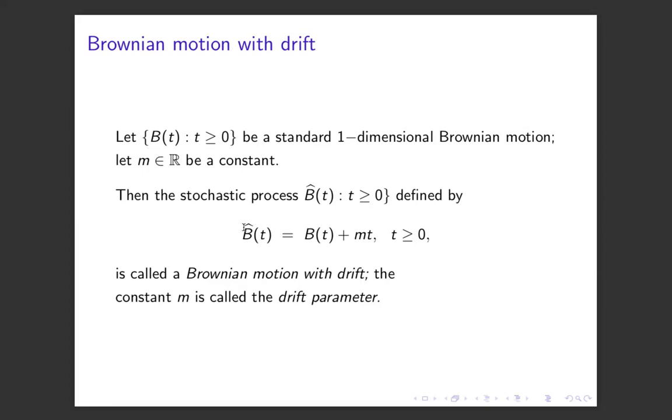So the expectation of B hat t will be mt. Therefore, the distribution of this will not have mean 0, it will have mean mt.